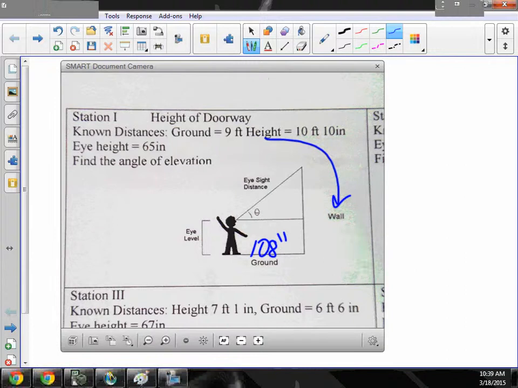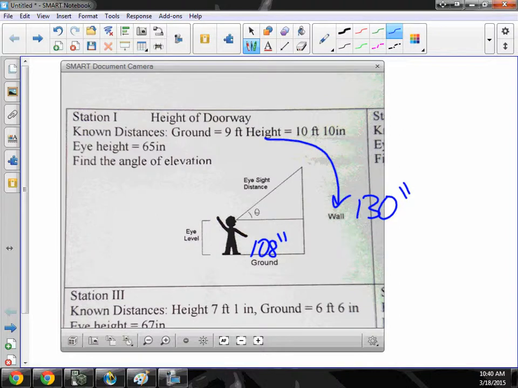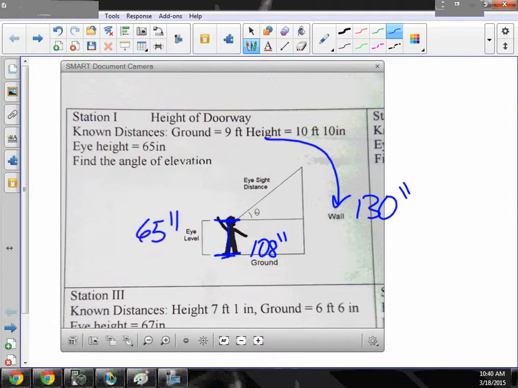So it's 12 times 10, which would be 120, plus 10 inches is 130. So this is 130 inches. Okay. And then the eye level, the height from this person's eye to the ground is 65 inches.